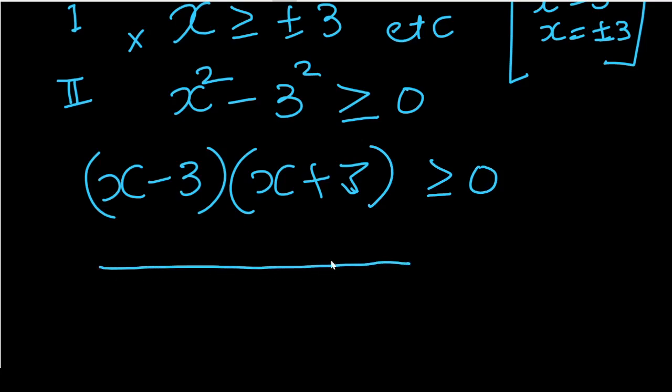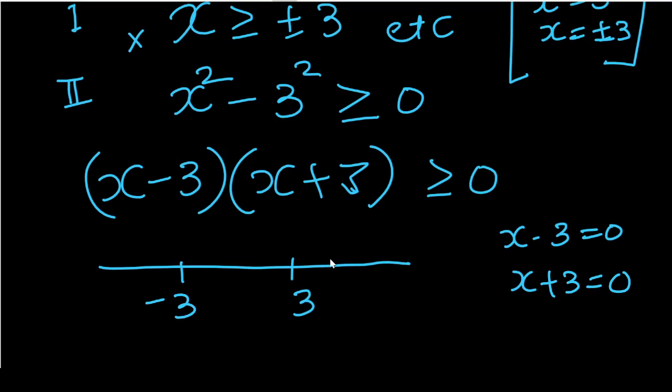Then again plotting the points at which each linear factor vanishes, that is when x minus 3 is 0 at x equals 3, and when x plus 3 is 0 at x equals minus 3, again using the concept of sign plus minus plus. Since it is asking for greater than, it means it is asking for plus, so we will take plus. So this would be our answer, minus infinity to minus 3, and 3 to plus infinity.